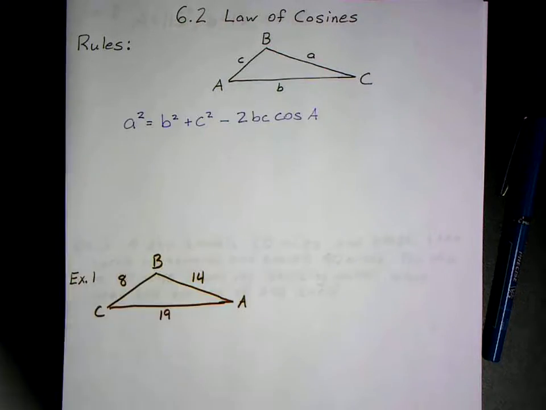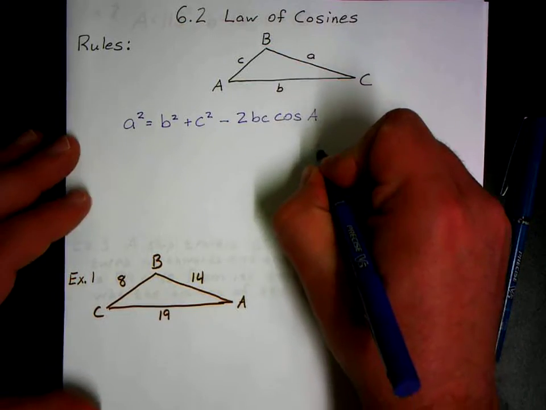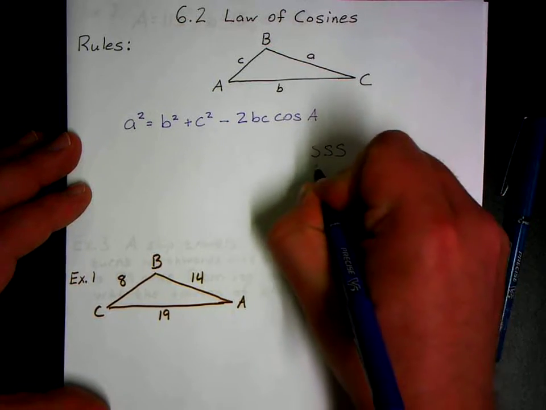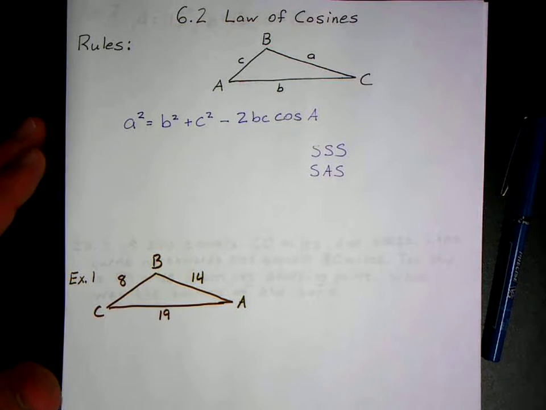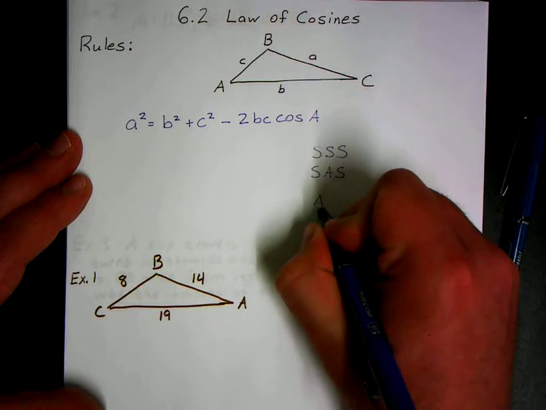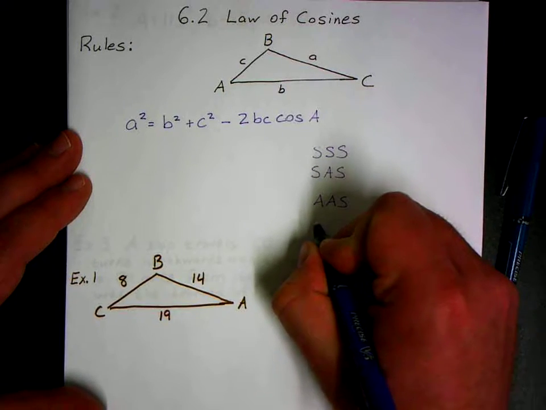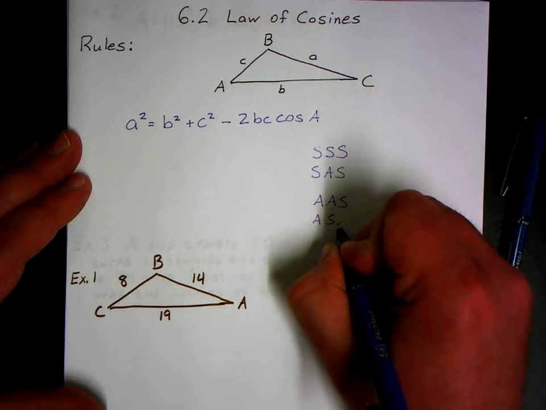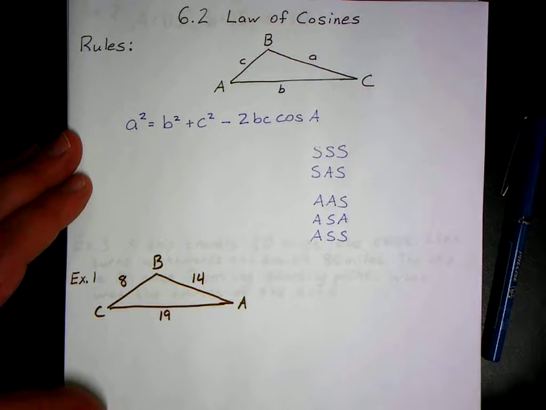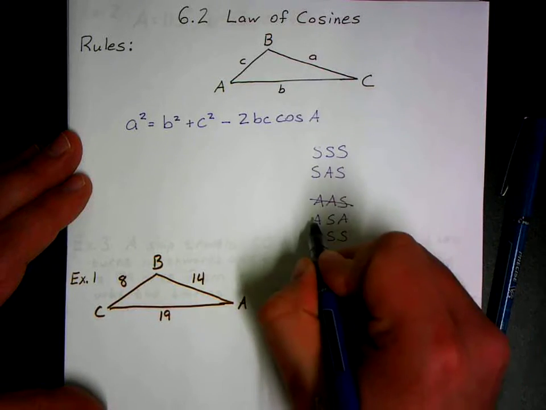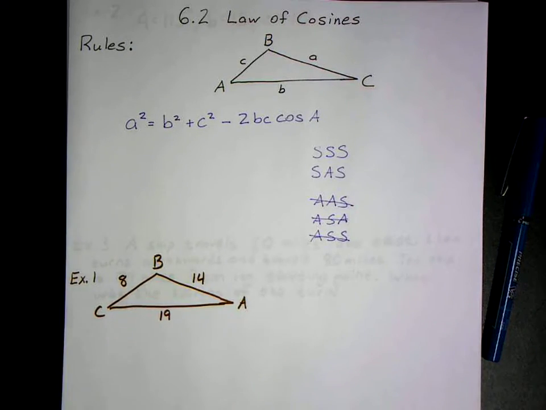Cosine only works with these 2 possibilities: side, side, side, and side, angle, side. The possibilities that we were doing with sine don't work with cosine, so that's why we have to use law of sines.